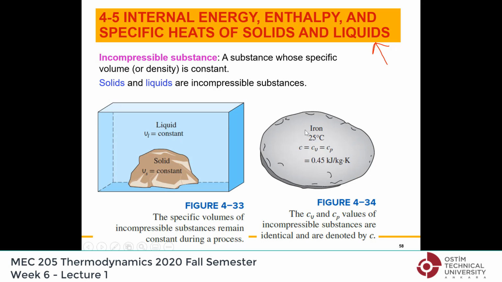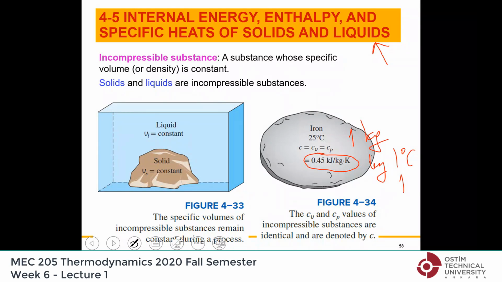Let's say in the case of iron, okay. The specific heat of iron is 0.45 kilojoules per kilogram Kelvin, which means to raise the temperature of 1 kilogram of iron by 1 degree C or 1 Kelvin.